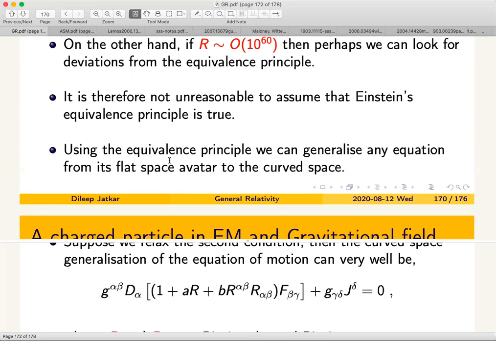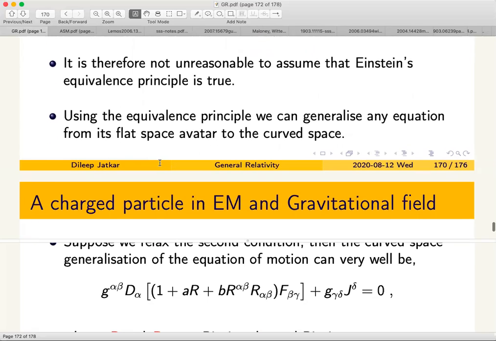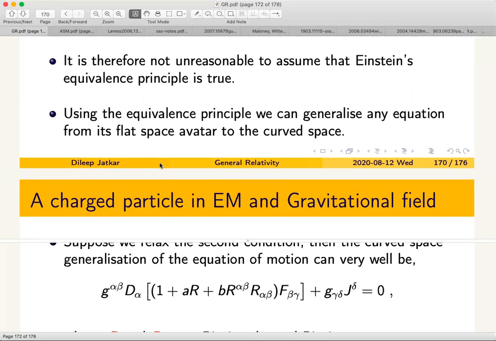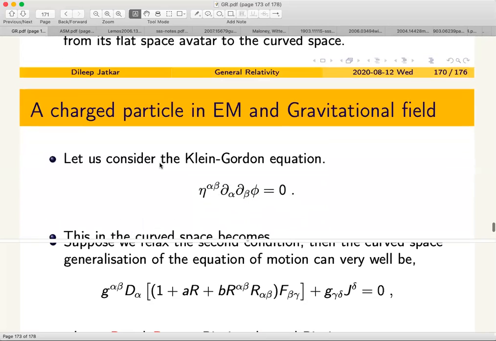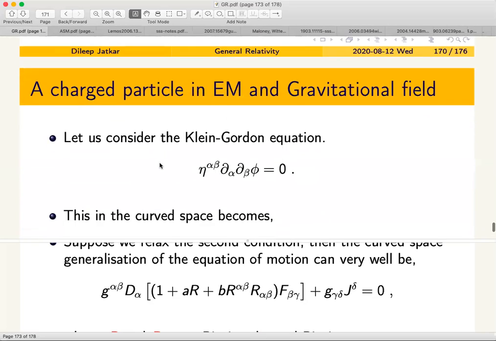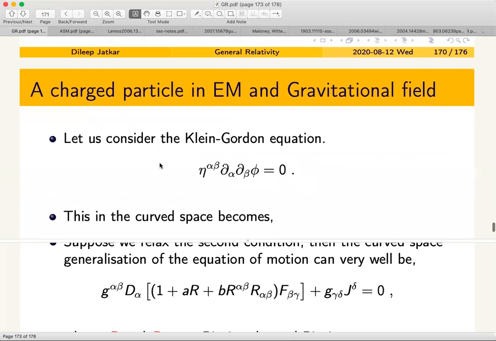Any of such checks would of course require you to question this way of generalizing equations, and each one of them will have some experimental consequences. If one has the capability to measure such small effects, it would tell us how to put bounds on various different equivalence principles. Yes, any question?